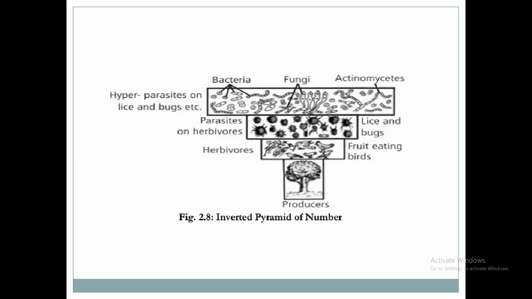As you go up, a large number of individuals are increasing. At the base, it is minimum. It's just similar to a tree system.